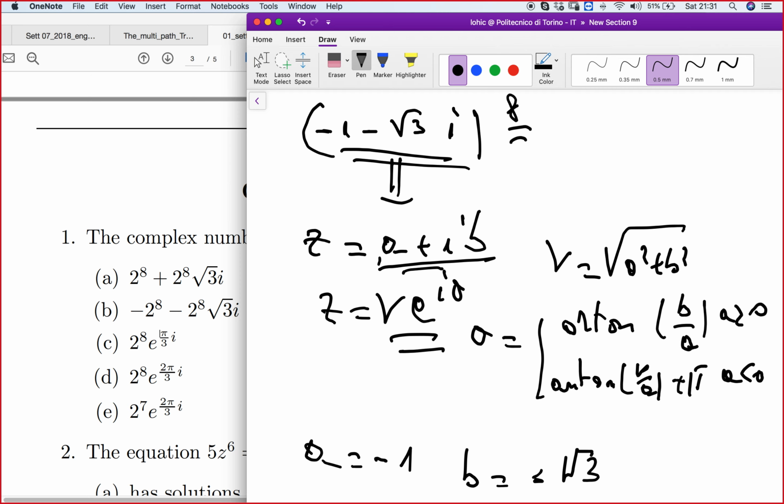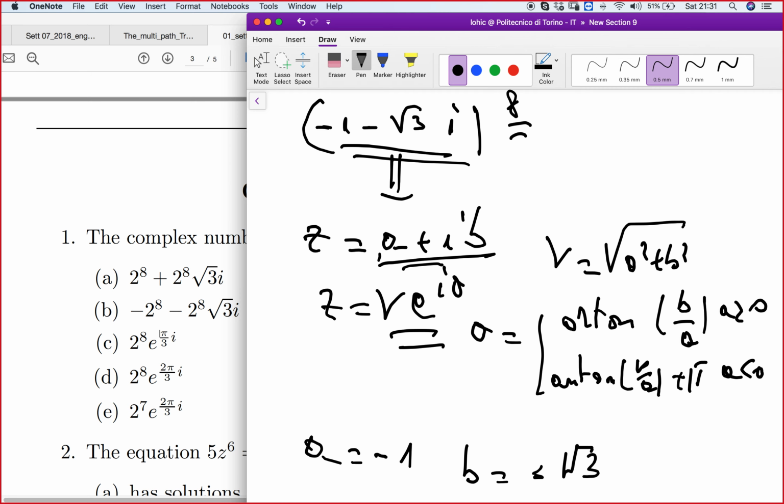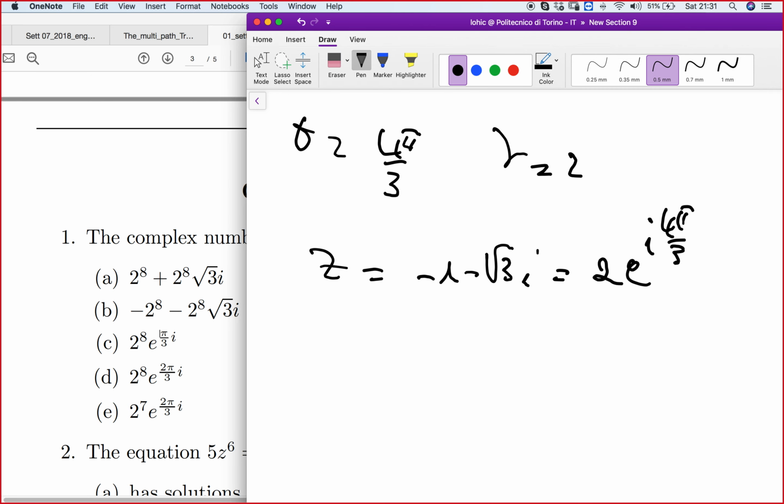Is that clear? Now remember that we wanted this number to the power 8. So what I just do is 2 exponential of i 4 pi over 3, all to power 8.